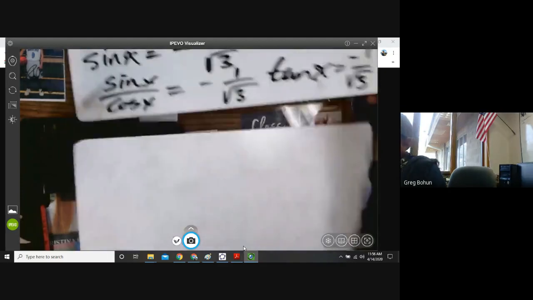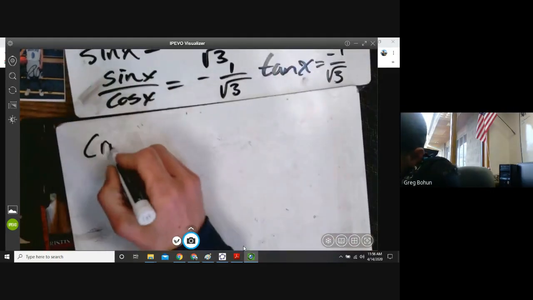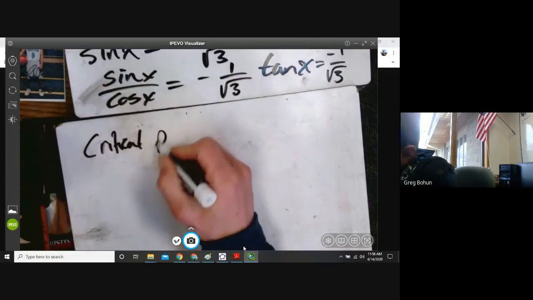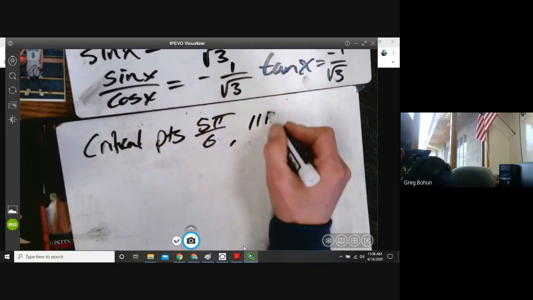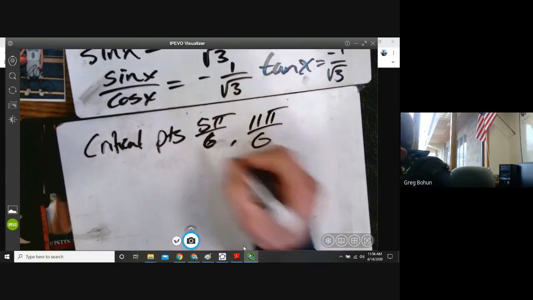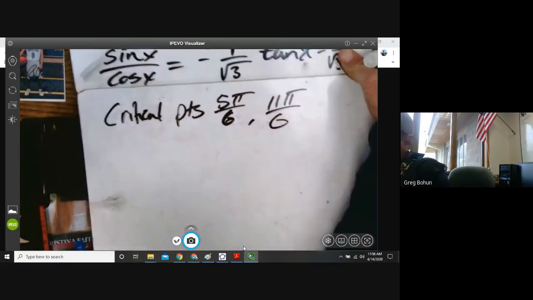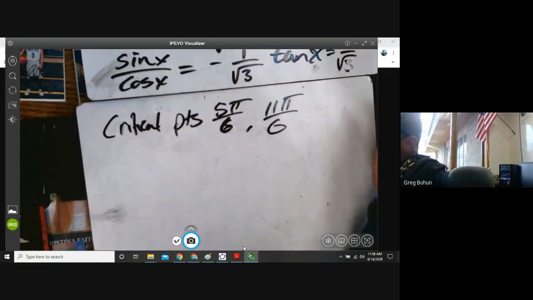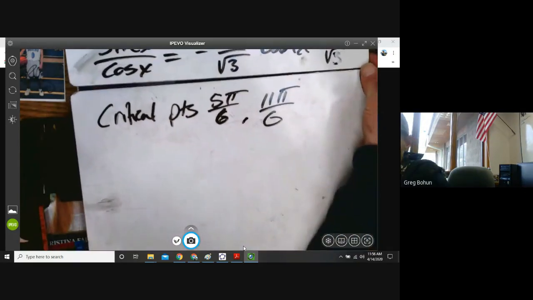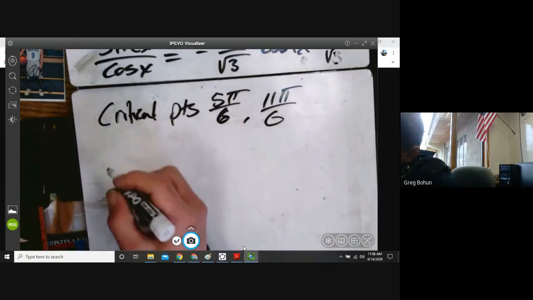5 pi over 6 and 11 pi over 6. And the first derivative test says, find the critical points, find where the function's derivative is undefined or 0, and then check the derivative value at those intervals.